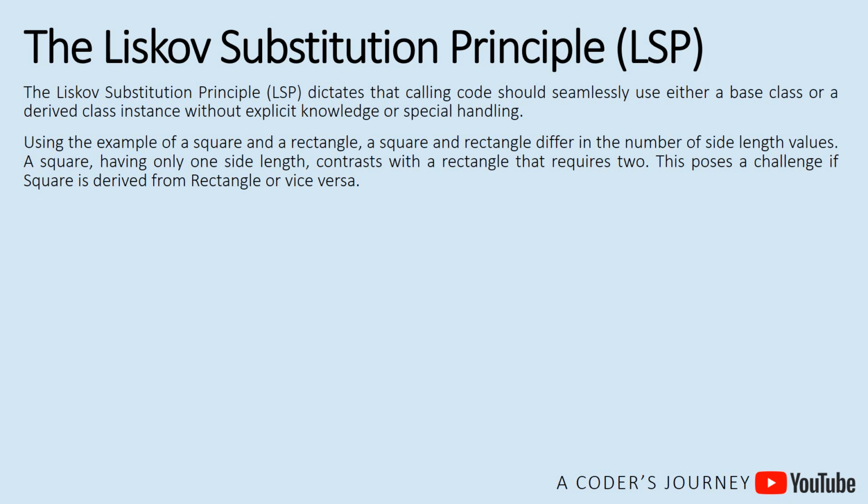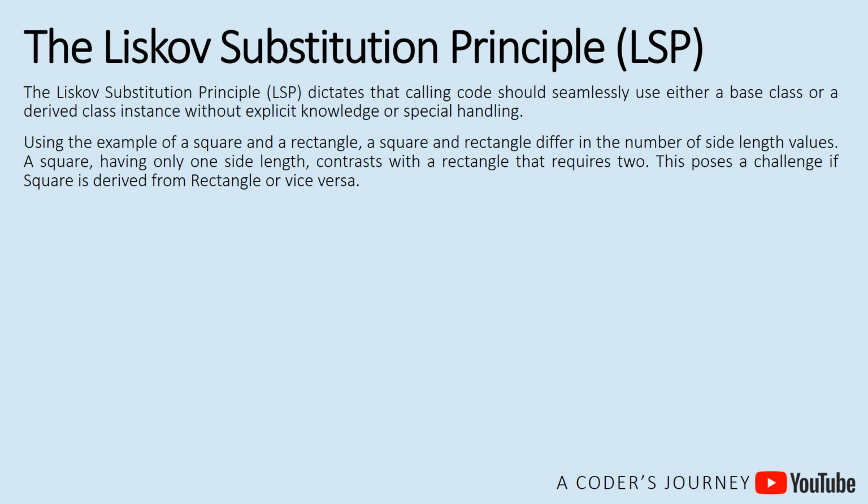What happens if you implement the concept of a square and rectangle as an inheritance hierarchy? So this will pose a challenge if a square is derived from rectangle or vice versa. Why? So in your code bases, I think I have done it before.